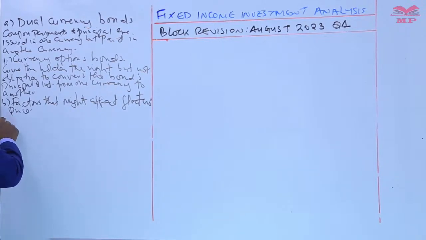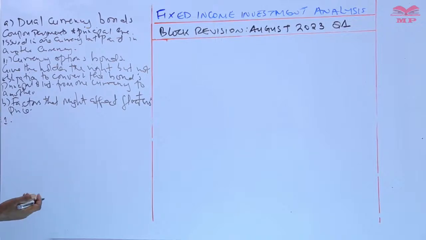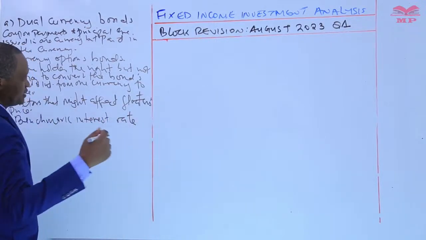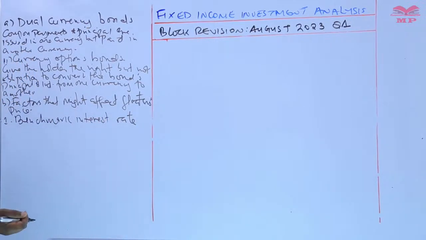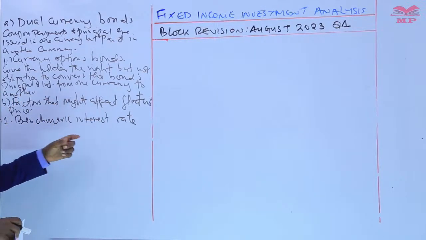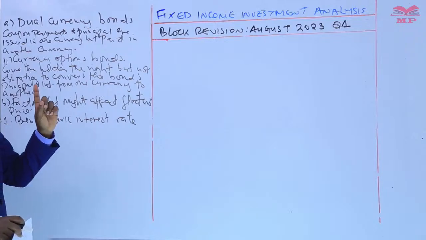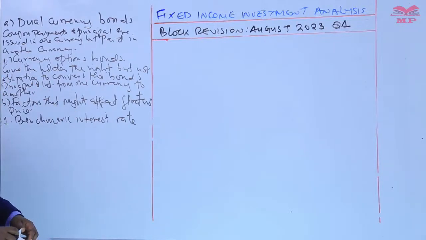One obvious factor is the benchmark interest rate. I've just defined a floating rate bond as a bond whose interest rates are not fixed but adjust periodically according to a specified benchmark interest rate. So if this benchmark interest rate changes, then the floater's price is automatically going to change.